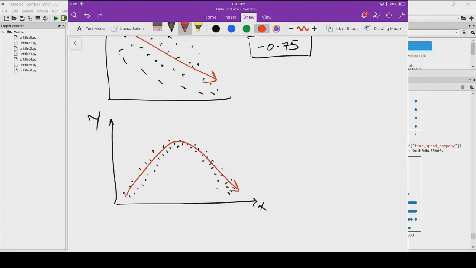Now if you calculate the correlation between x and y over here, the increasing trend negates the decreasing trend, and both of them counter each other, and you get a very low correlation between them. You might get a correlation of, let's say, 0.1 or 0.2, an extremely low value.